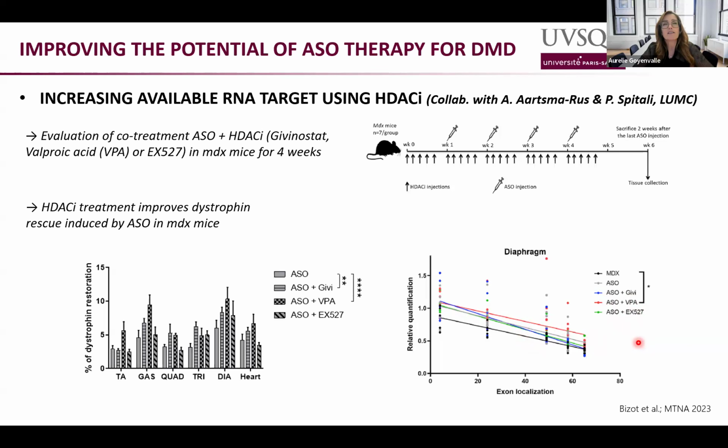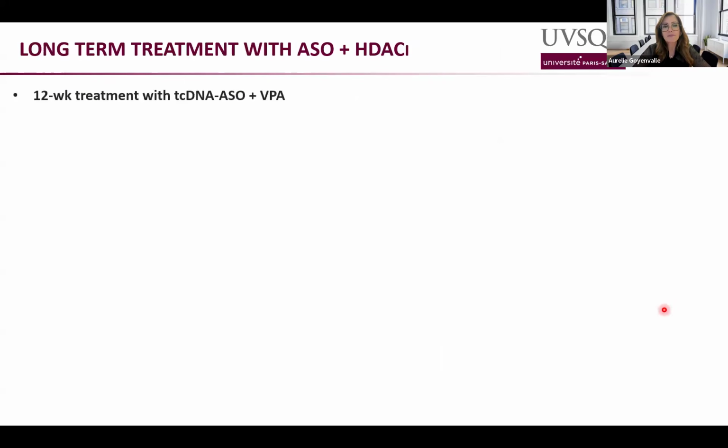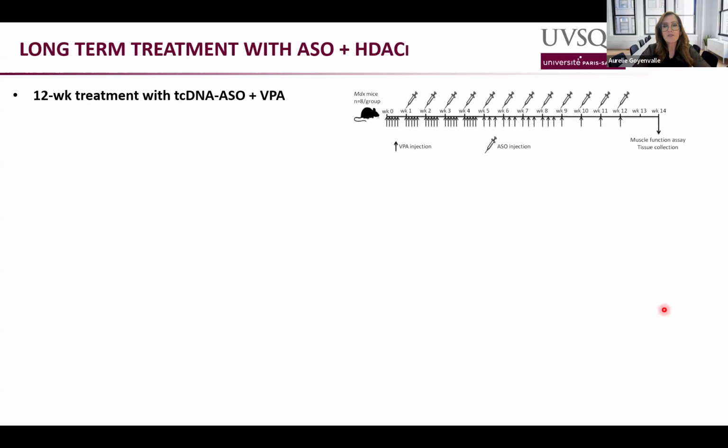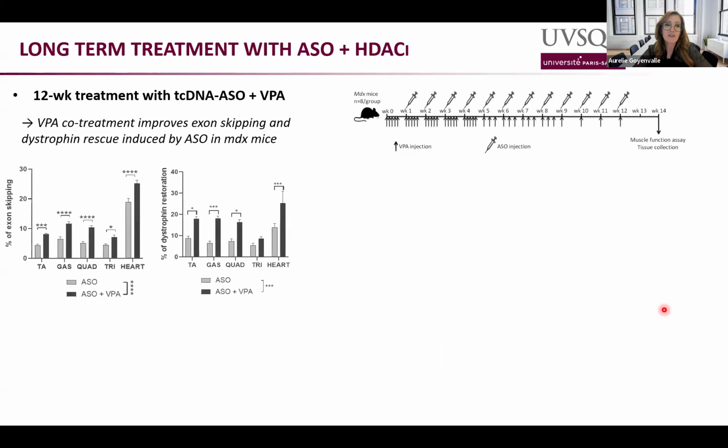So the HDAC inhibitor treatment has increased the transcriptional output and probably translates into more efficient exon skipping and more efficient dystrophin restoration. So based on this result with valproic acid, we did a longer treatment in order to confirm these effects on dystrophin restoration and eventually functional outcome.